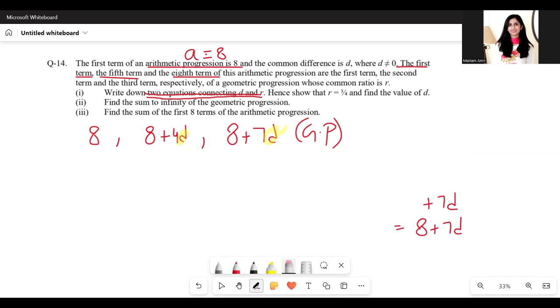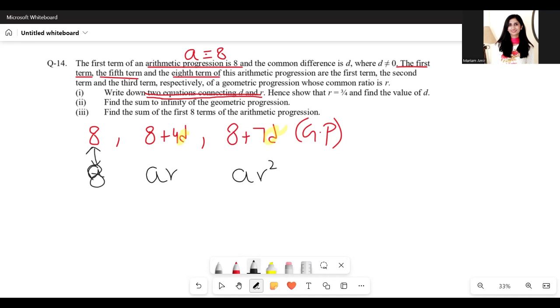We know in a GP, the first term is A. And since these two terms are the same, A is going to be 8 in the GP as well. Now the next term is going to be A times R, and the next term is AR squared, and so on.